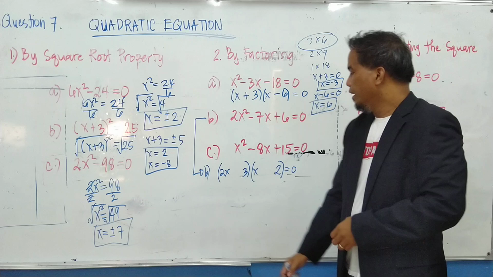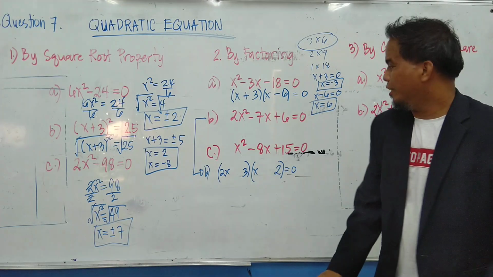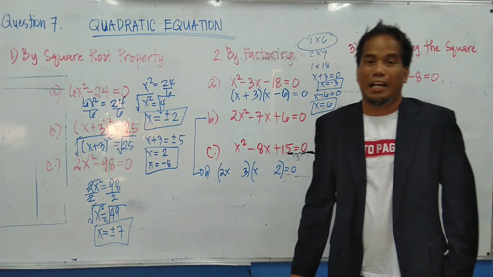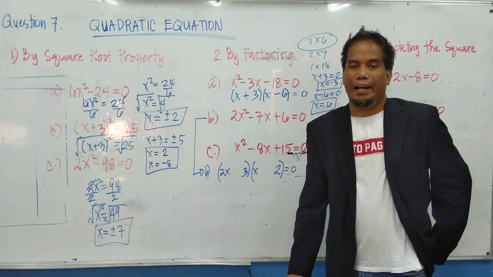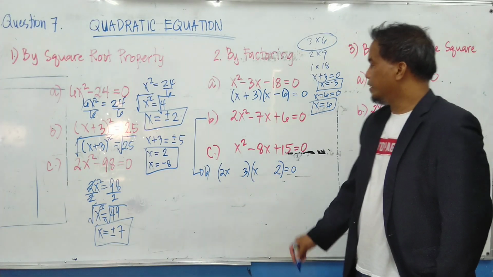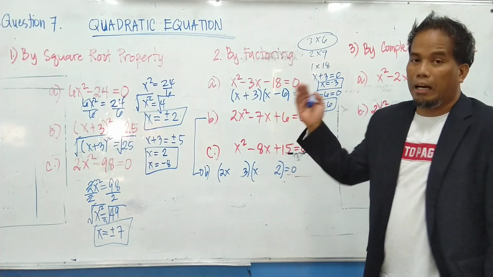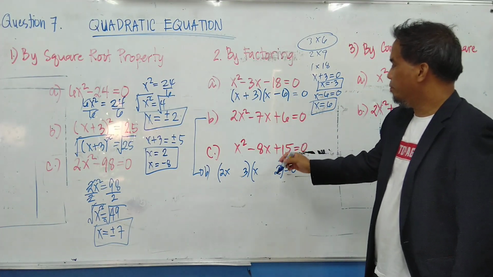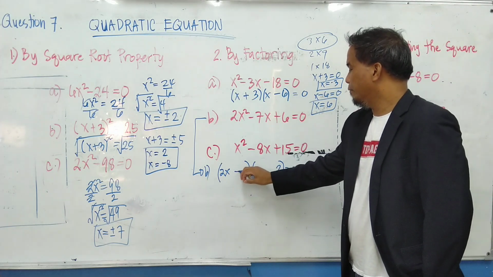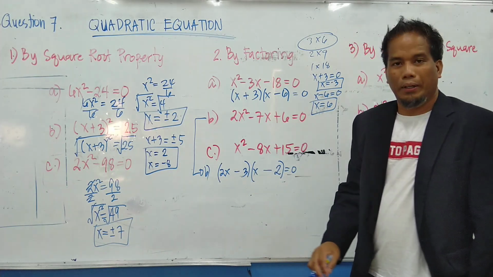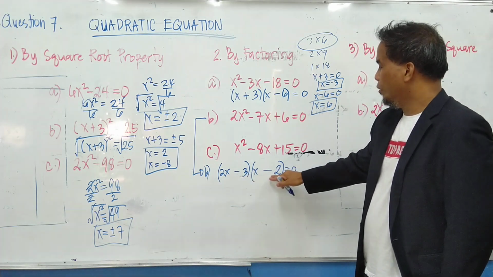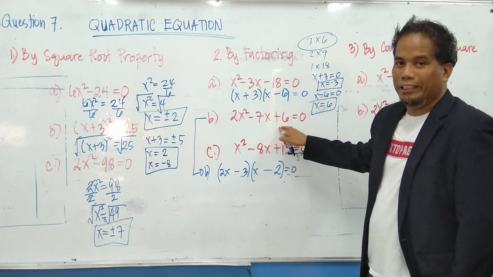Okay, guys? Okay, how about the operations? Since the middle term has a negative sign, negative 7x, and your last term has a positive sign, positive 6, you can put here negative and negative. Because when we multiply negative 3 times negative 2, the answer will be positive 6.